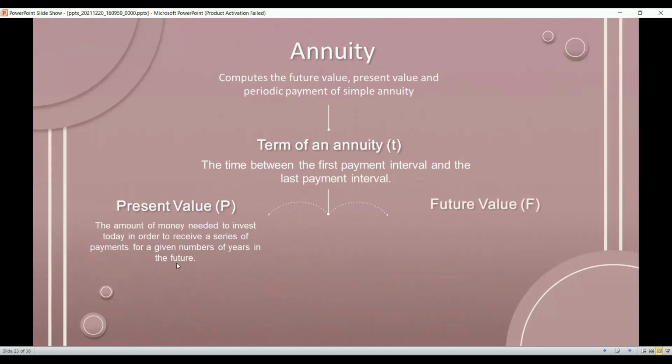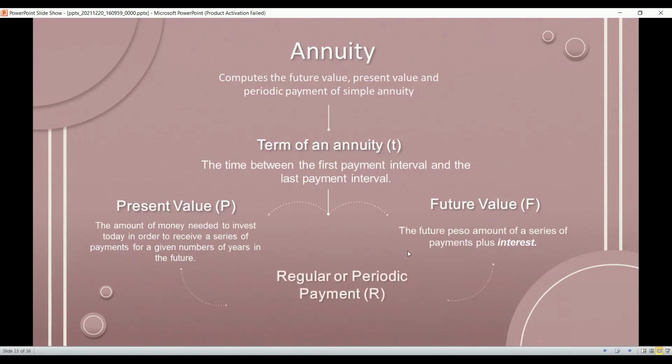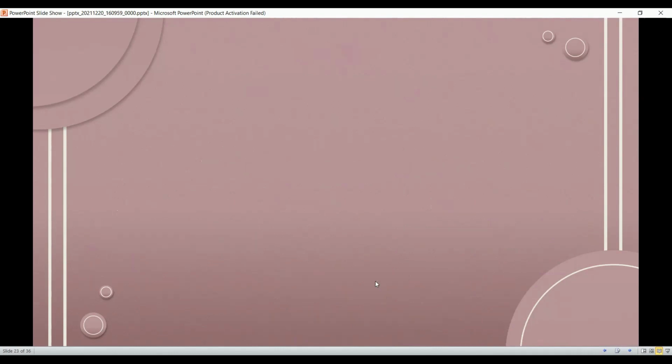The last payment is the future value F, the future amount of a series of payments plus interest. The payment used every interval is called the regular or periodic payment R, the amount of each payment in every payment interval.